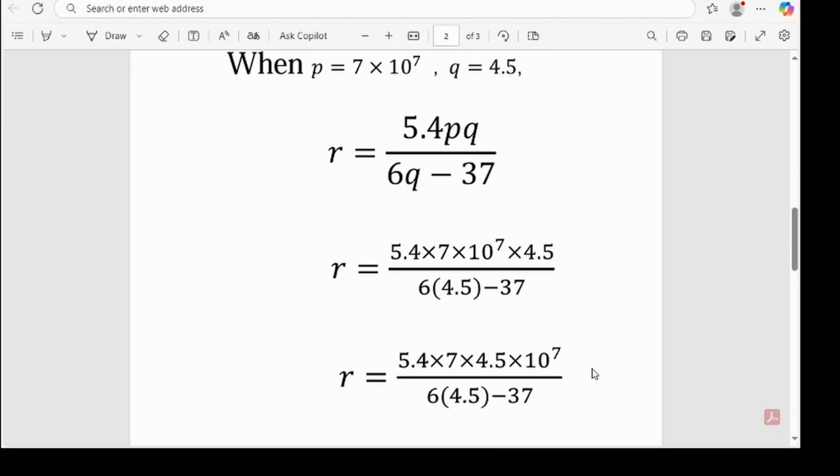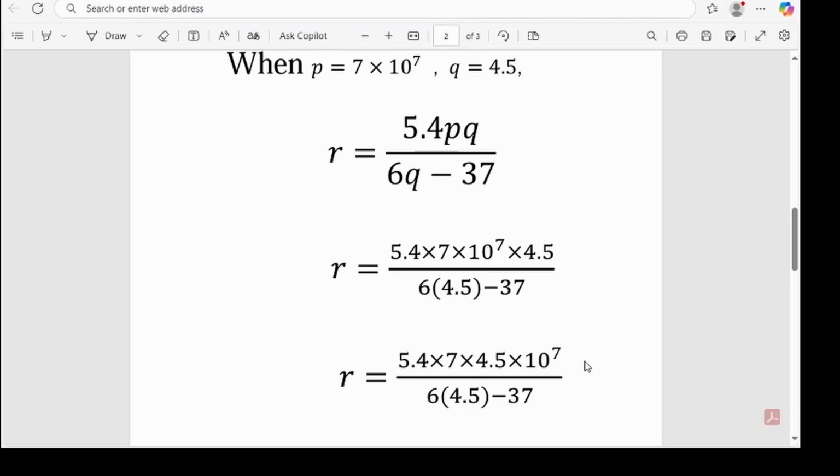Right, so when we insert the value into the equation, we are going to get R equals 5.4 multiplying P, which is 7 times 10 exponent 7, multiplying 4.5, all divided by the denominator, which is 6 multiplying Q, which is 4.5.